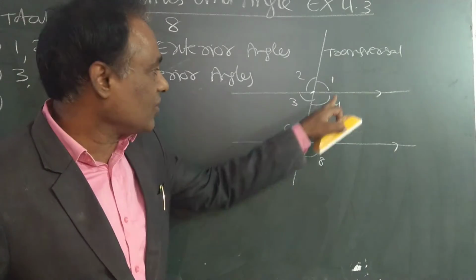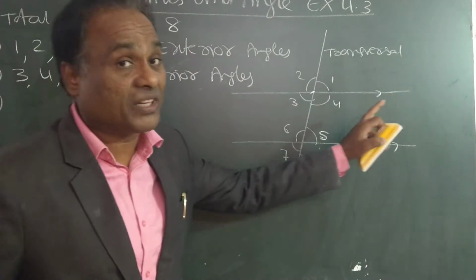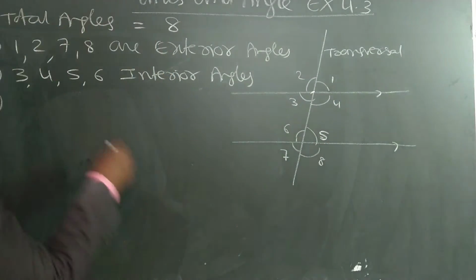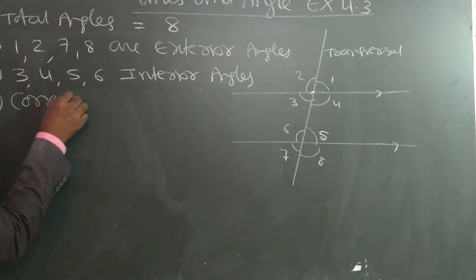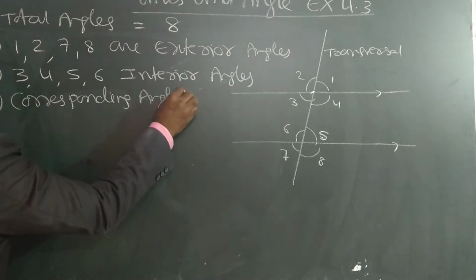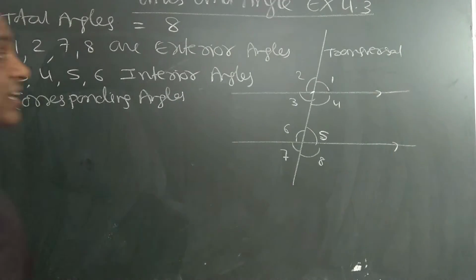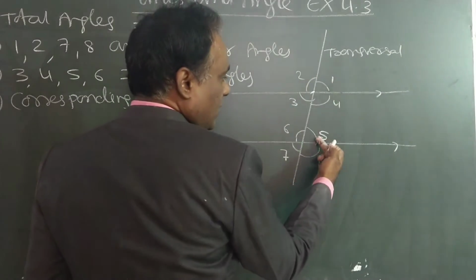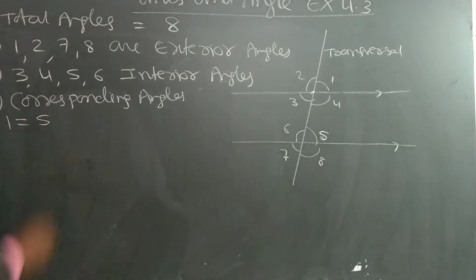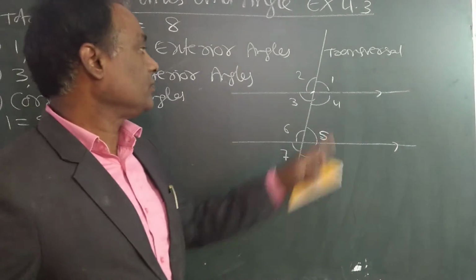Next, see here, one exterior, one interior, on the same side of the transversal, these are called corresponding angles. If lines are parallel, corresponding angles are equal. One exterior, one interior: angle 1 is equal to angle 5.